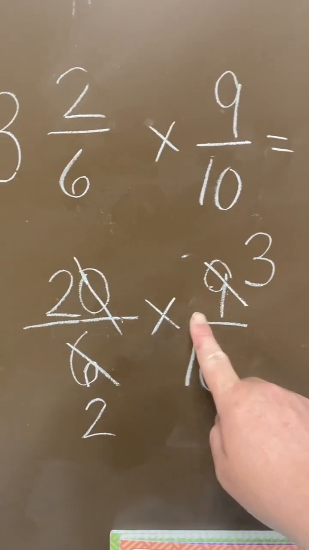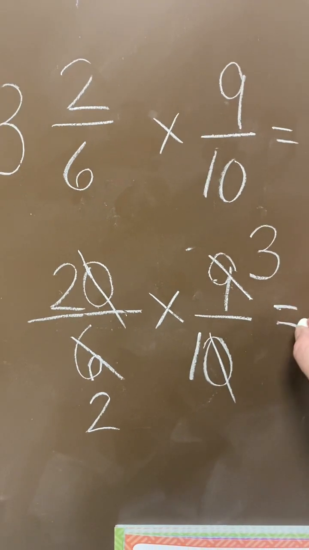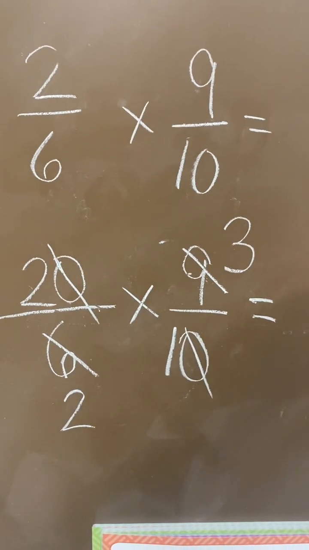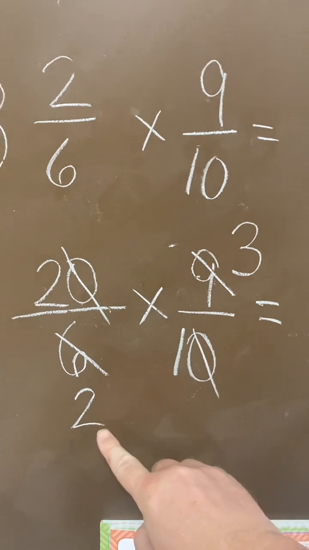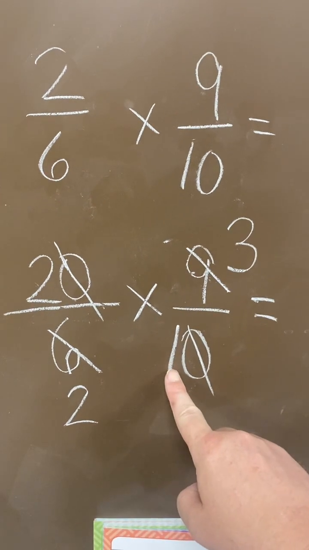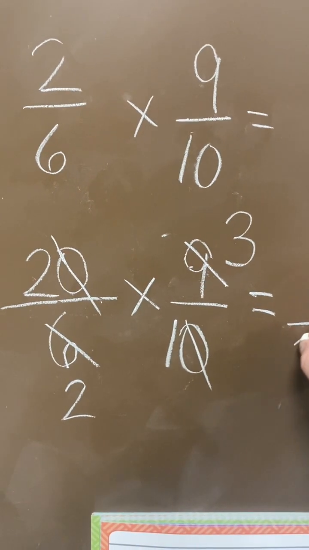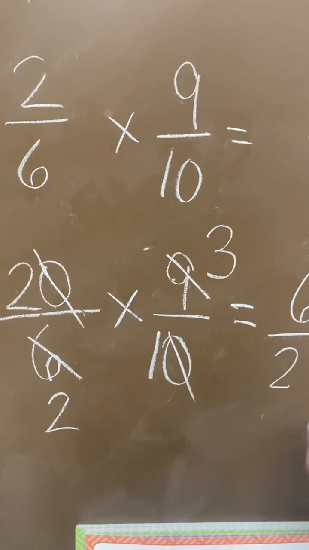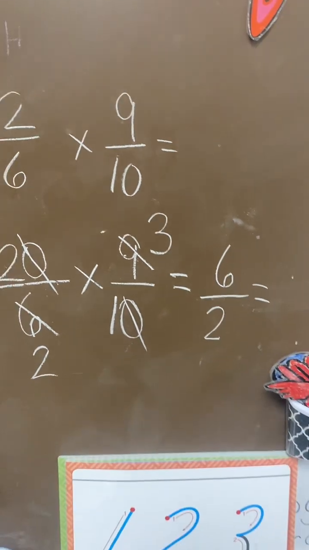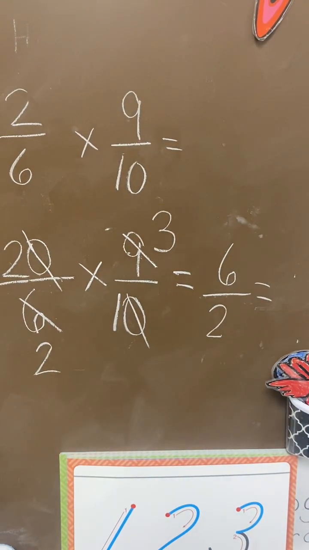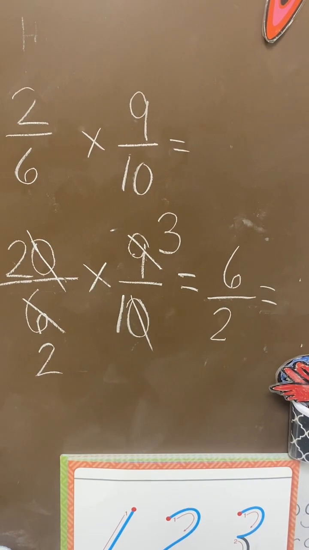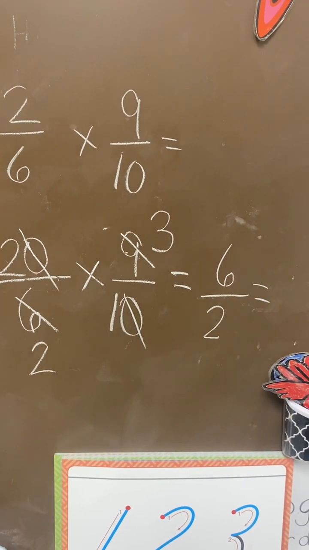2 times 3 equals 6. 2 times 1 equals 2. And we have 6 over 2 for our answer. But there again, we have a problem. Is 6 over 2 a proper fraction?